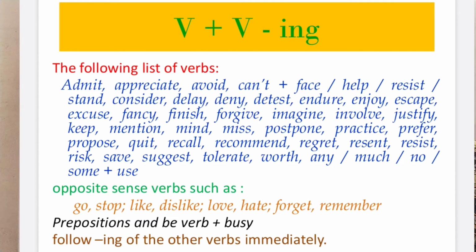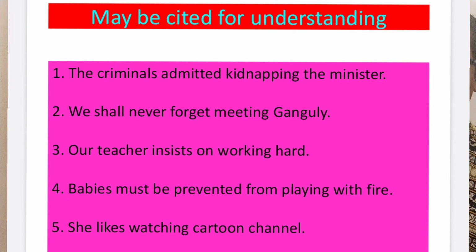And here are the examples for better understanding. The criminals admitted kidnapping the minister. Kidnapping because of admit. Had there been any other verb, kidnap might have taken another form, might be to kidnap or kidnapped, like that. We shall never forget meeting Ganguly.